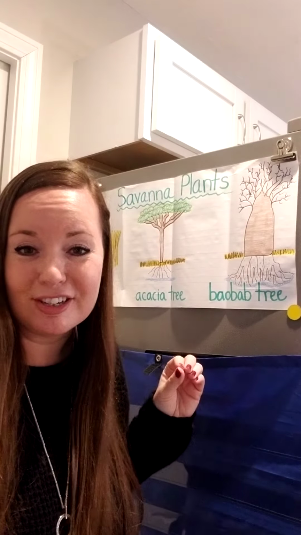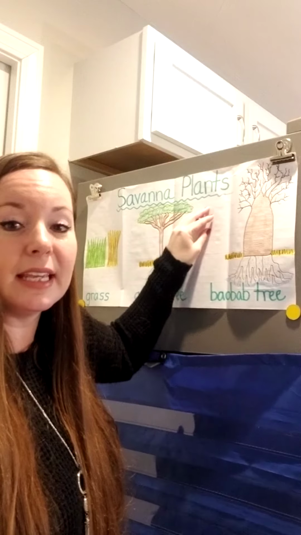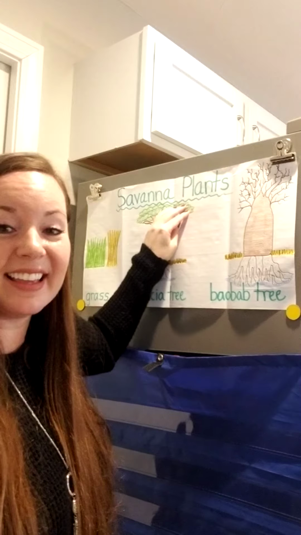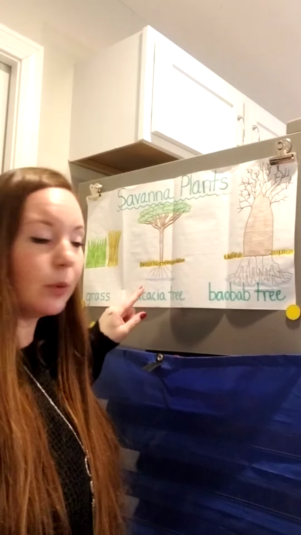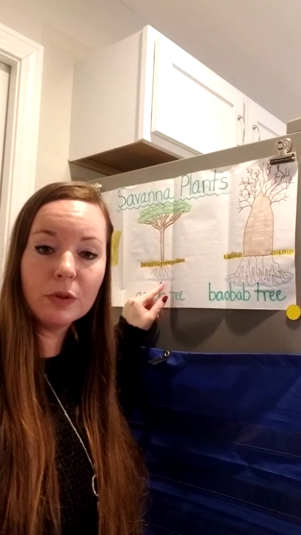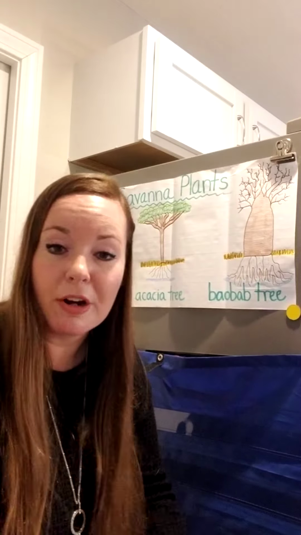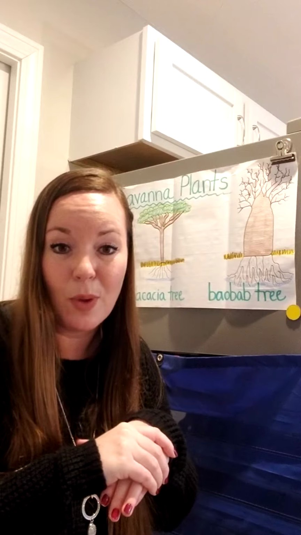So I can imagine right now a giraffe who might come up next to it, and as he comes up, he can eat everything right up here because his neck is way up high. So he eats the tree leaves that are at the top. Now, if you'll notice right here, the acacia tree would have some longer roots. That way it can reach way down into the ground because we know a lot of water stays very, very low. We've seen that in some of our books as well.